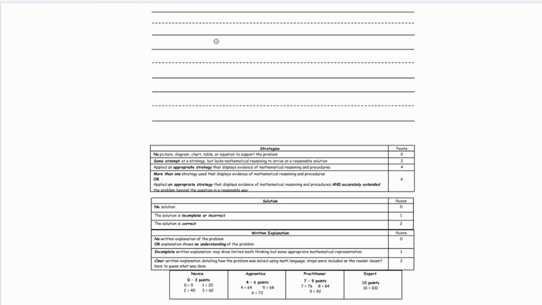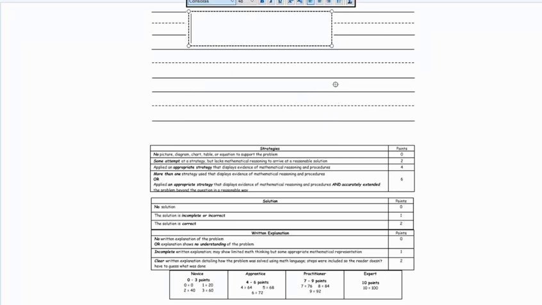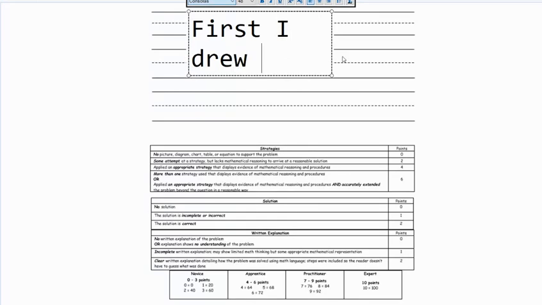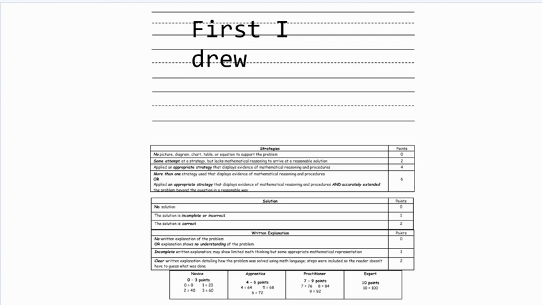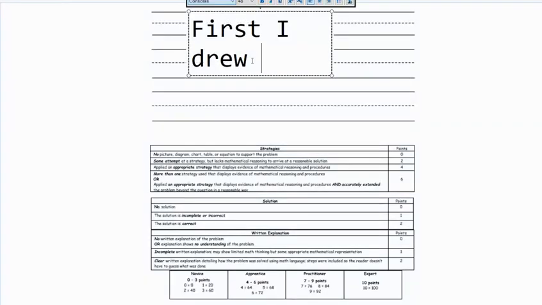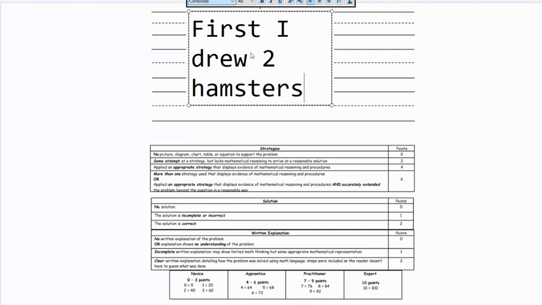And now we're going to write what we did, okay? So let's see. First, I drew. Do you remember how many hamsters? You could always go back and check. That's right, 2. Okay. 2 hamsters.